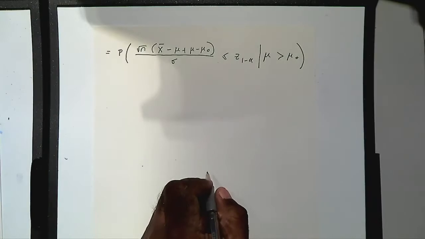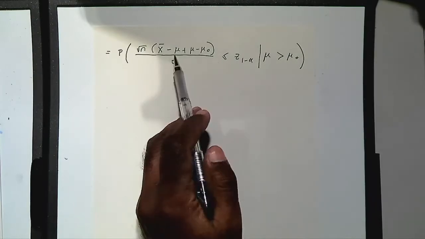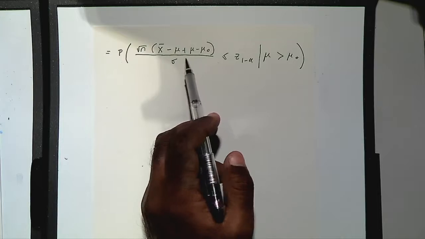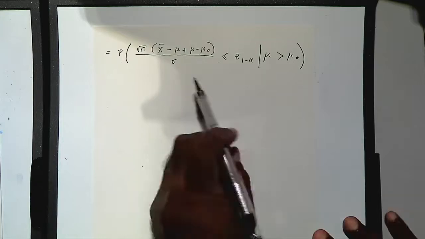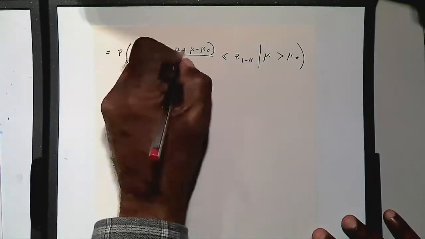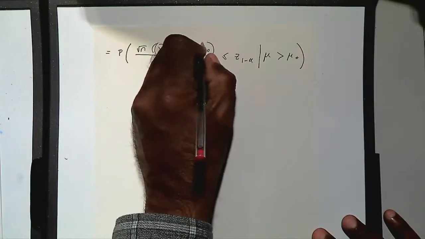Yes? You see what I've done? I have subtracted a mu and added a mu, so I haven't changed anything. And the reason I'm doing this is to use this fact here. So I'm going to put brackets around here and the brackets around here.